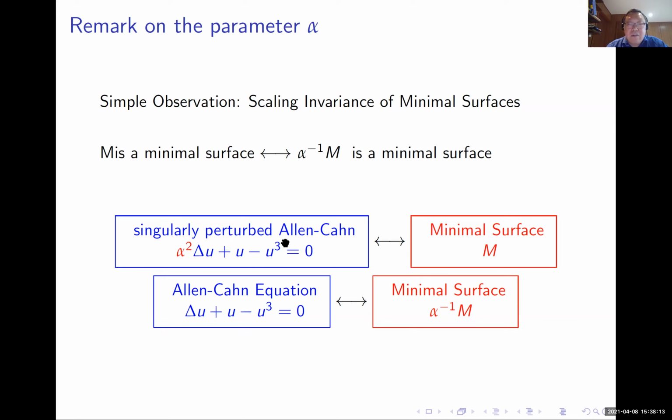For the problem without the small parameter, this corresponds to the enlarged minimum surface, M over alpha. So we are now building a solution to Allen-Cahn for a rescaled minimum surface. That's the small parameter. This alpha comes from the minimum surface.